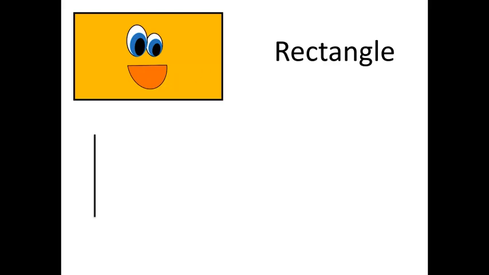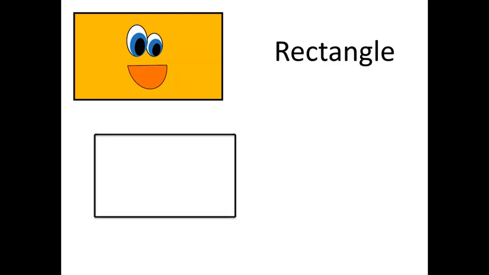One standing line, one sleeping line, one more standing line, and one more sleeping line.